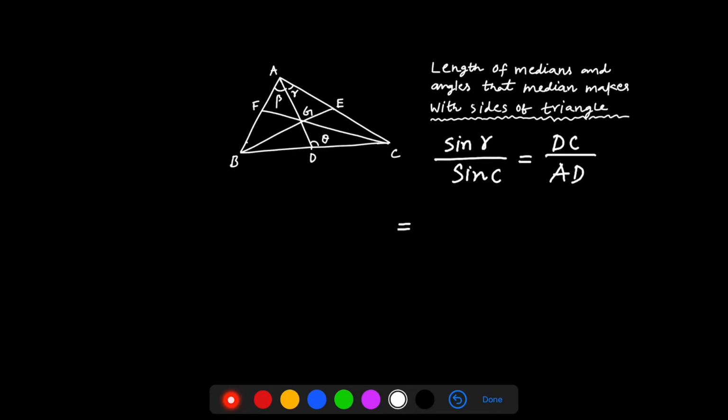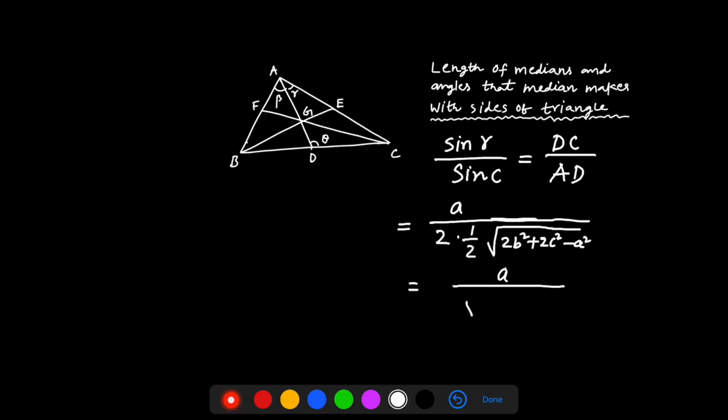DC is nothing but a by 2, and as we have already seen, the length of AD is half root over 2b square plus 2c square minus a square.